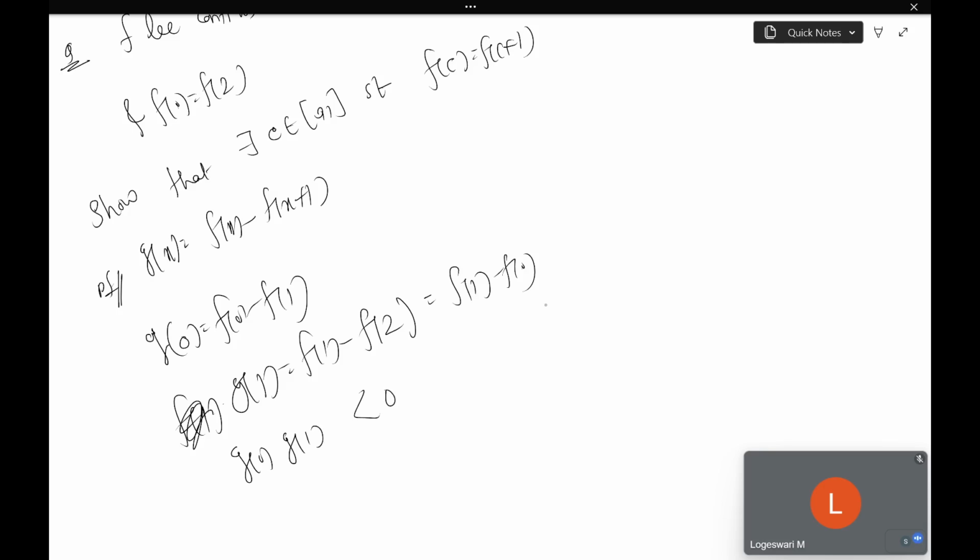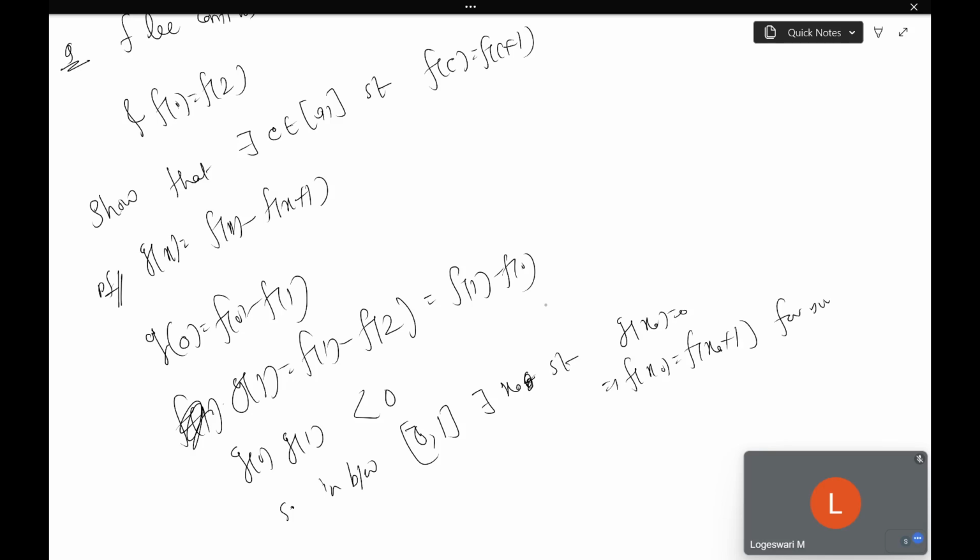So g is a continuous function, and by the Bolzano theorem, in between 0 and 1 there is some point x naught such that g(x naught) is 0. This implies f(x naught) is equal to f(x naught + 1) for some x naught. So this is what we want to prove, right?